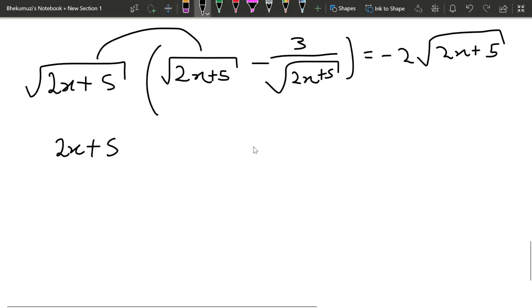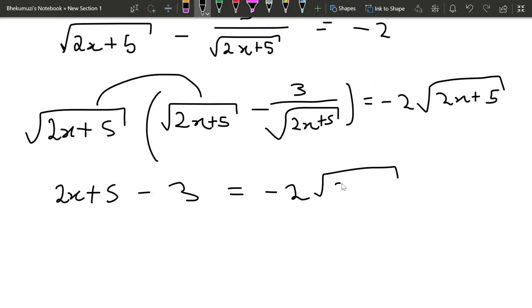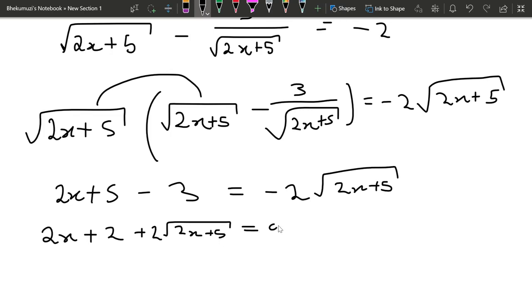And then after that, when we multiply by there, it would just give us -3, and then we'd be left with the square root of 2x plus 5, like that. And then from here, it's 2x plus 5 minus 3. So we can actually write this as 2x plus 2, and then plus 2 times the square root of 2x plus 5 is equal to 0.